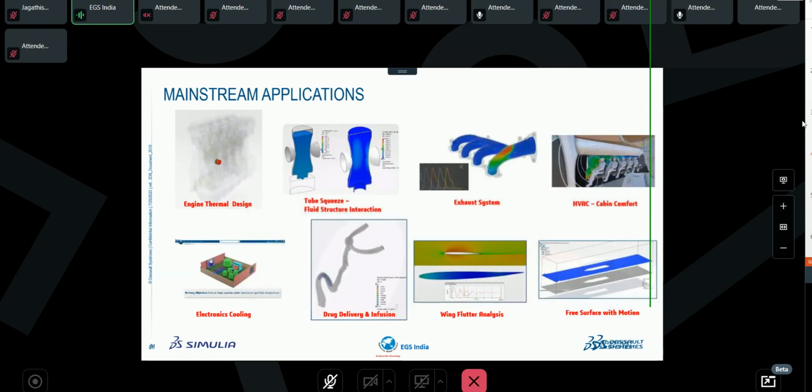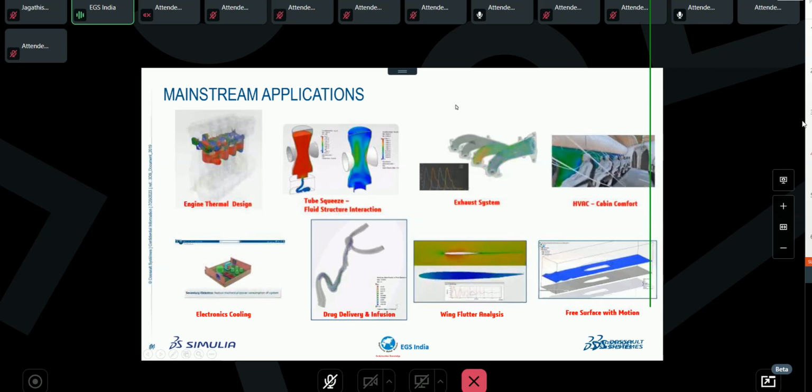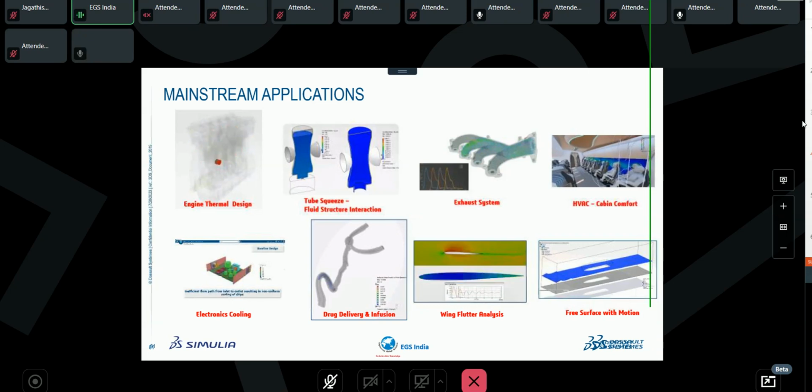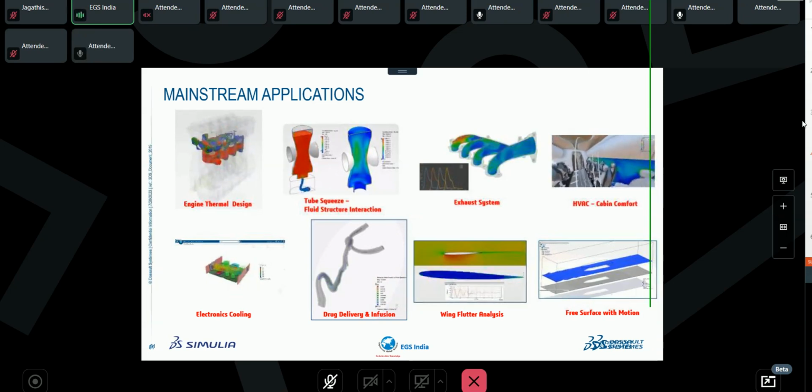Okay, right. So what are all the mainstream applications that we are going to apply, especially for these fluid capabilities? Any kind of engine thermal design which has to be enhanced can proceed with this fluid dynamics capability, and also any kind of fluid structure interaction, as I mentioned earlier.